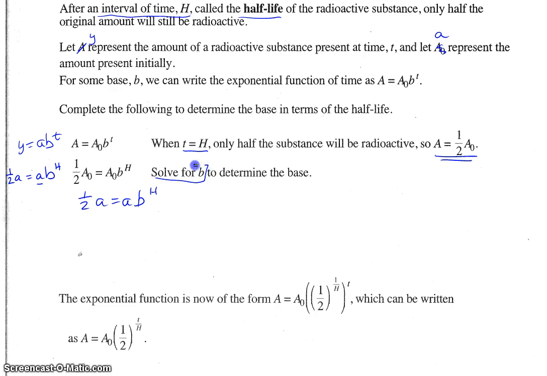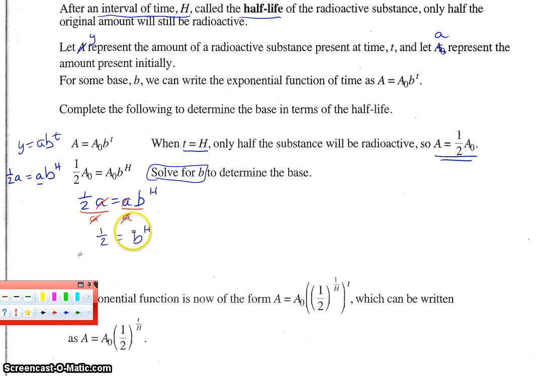Now we want to solve for b, just to see if we can get the formula on our formula sheet. The first thing we would do to solve for b, which is in our power, is to get rid of the a in front. So we divide both sides by a, and now we're down to 1/2 equals b to the h. We're not going to log both sides because we're not trying to find h, we're trying to find the base on our power.